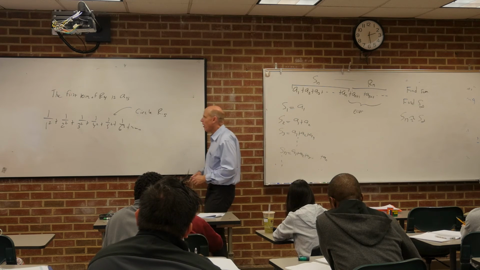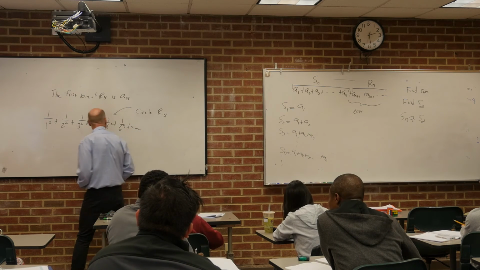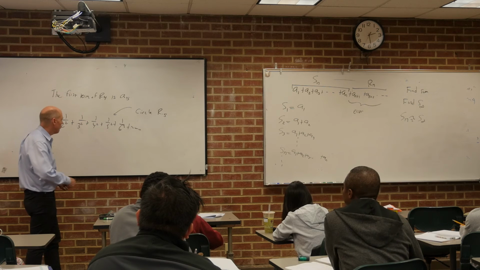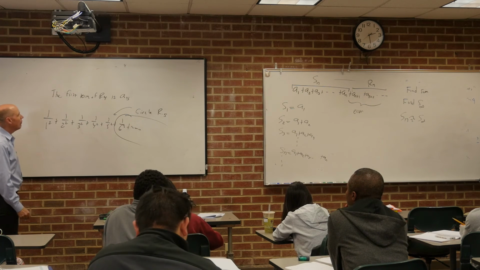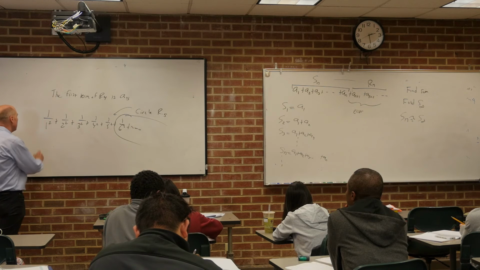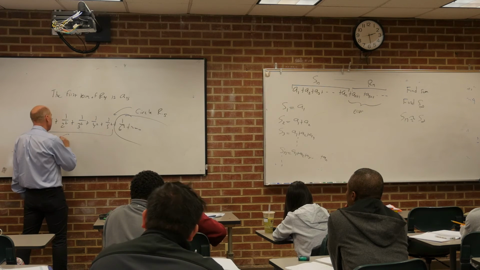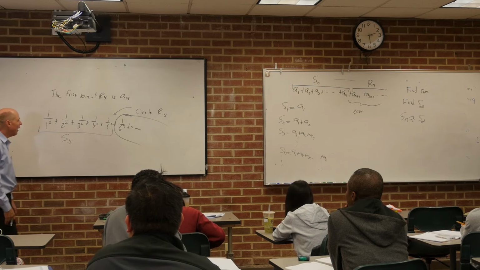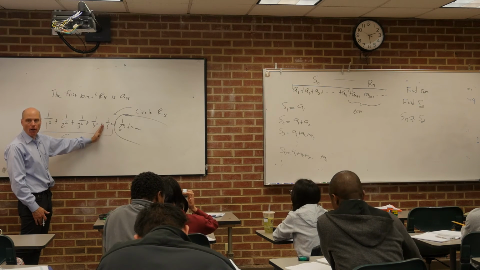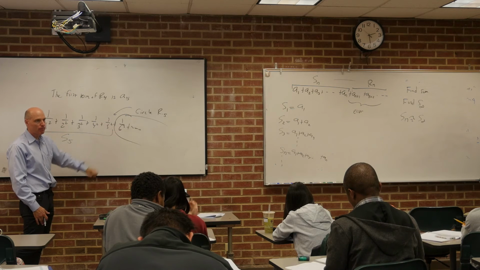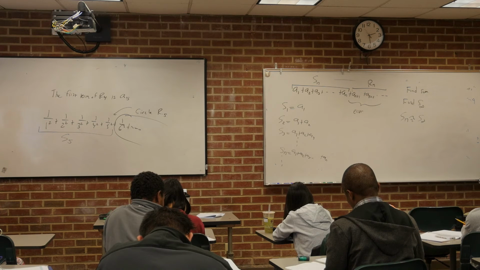What's the first term of R5? A6. R5 is going to start right there. Let's remember, it's the S's that we care about. So S5 is we add up from 1 to 5, and then R5 is what's left over. It's a little bit confusing. R5 starts at A6.